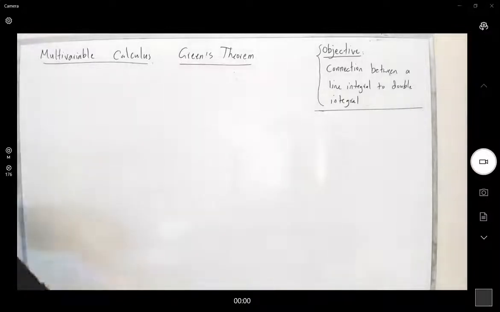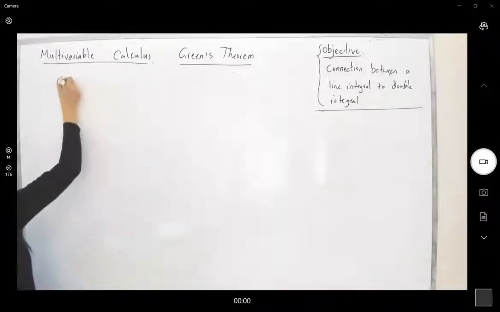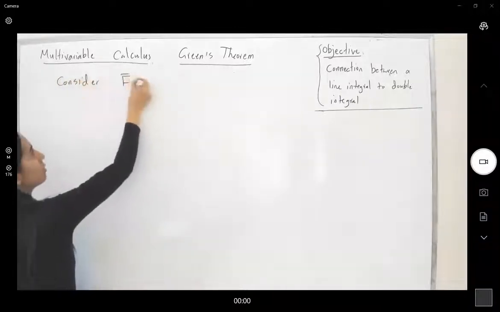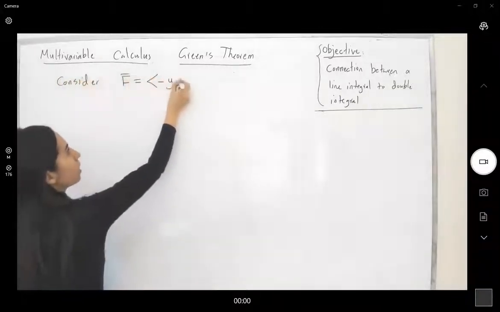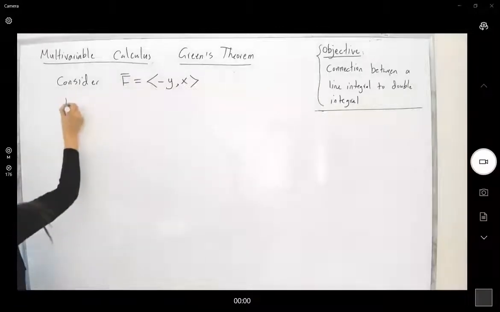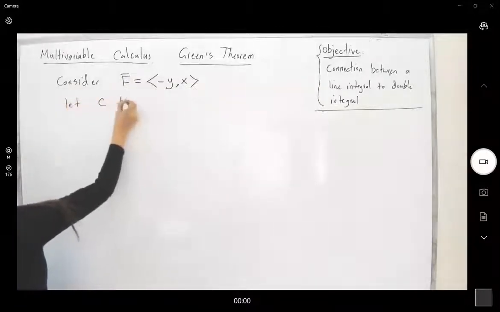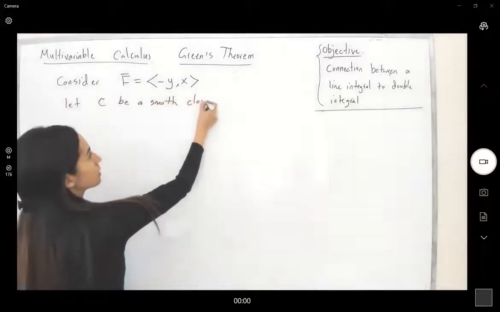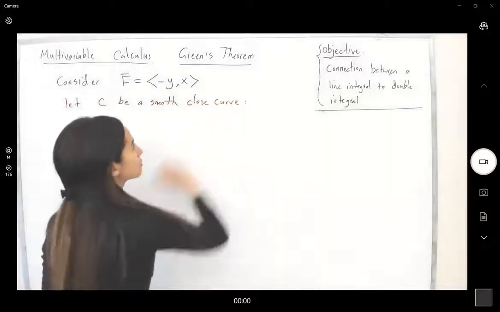So consider a vector field F, which is defined as minus y and x. Let C be a smooth closed curve.